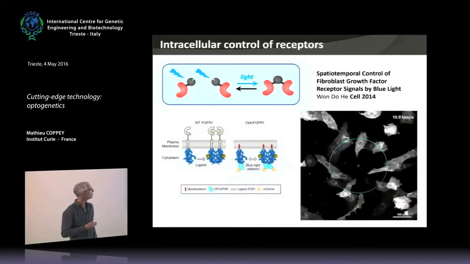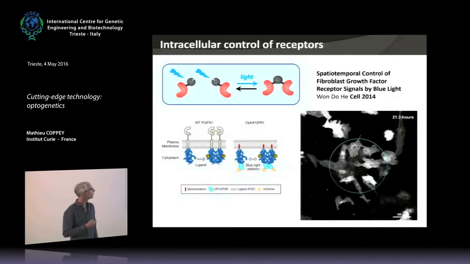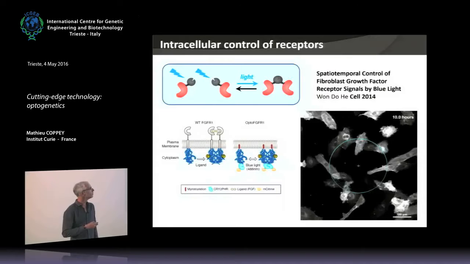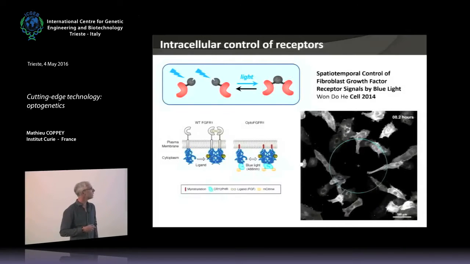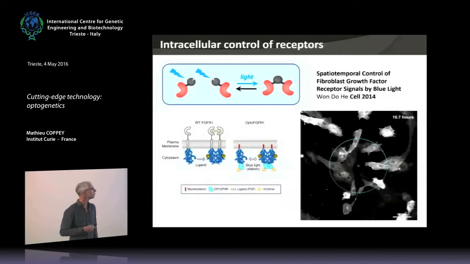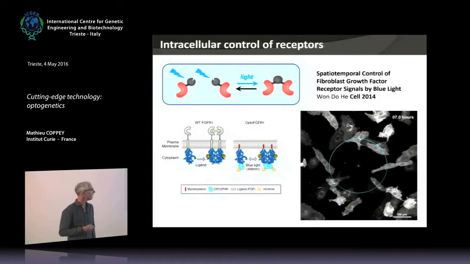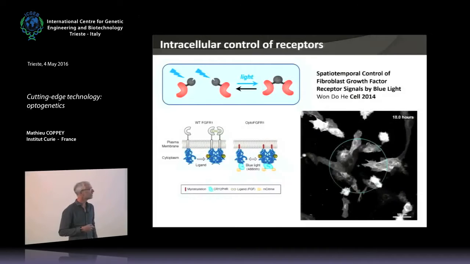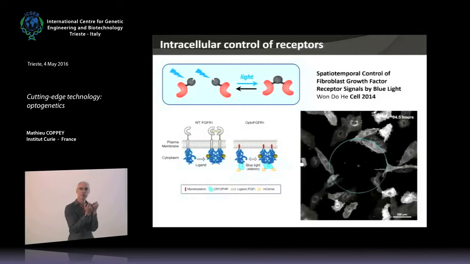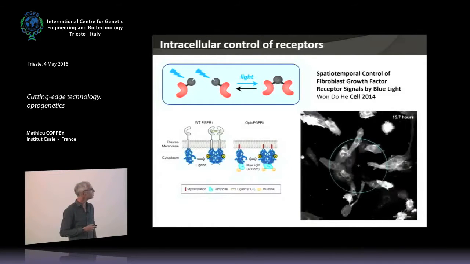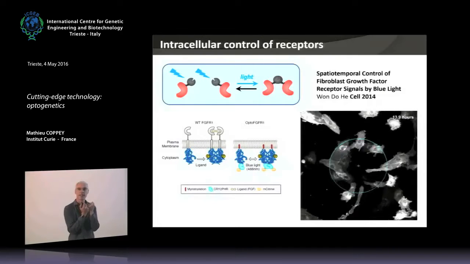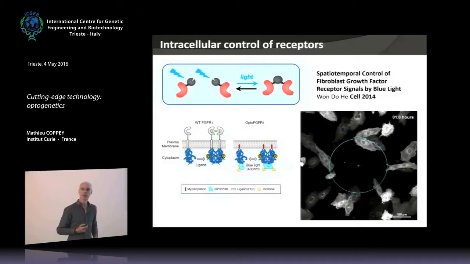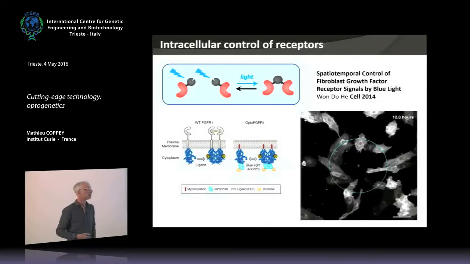Here the idea was to use these FGFR receptors, cut the extracellular domain to keep just the intracellular domain, and then fuse it to a light sensitive protein called Cry2. It comes from plants, actually. This Cry2 has a tendency to form homodimers when you shine light. Using that, when you shine light, you make this intracellular domain dimerize, and that way you can activate all the growth factor signaling transduction machinery behind it.